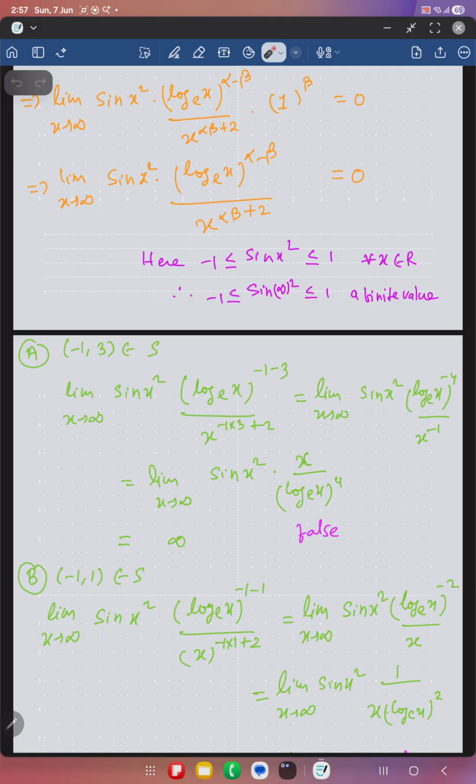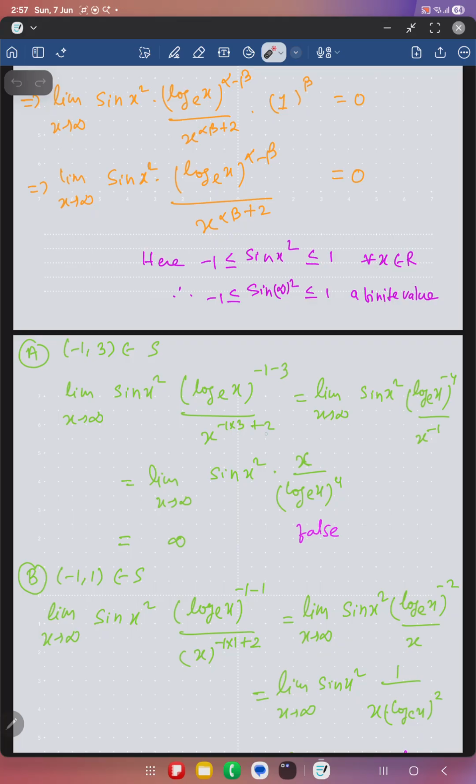So now we will check the choices given. First of all, the alpha beta value is given as minus 1 and 3, suppose it belongs to S. So limit x tends to infinity sin x square, in place of alpha we will write minus 1, in place of beta minus 3, so log e x power minus 1 minus 3 divided by x power alpha beta plus 2, where alpha beta is minus 1 into 3.